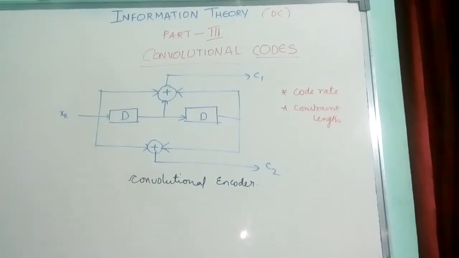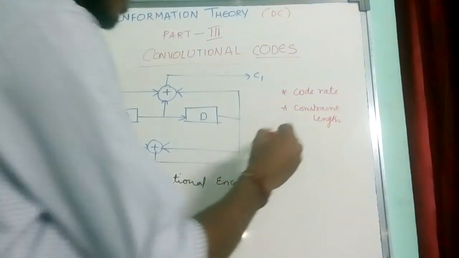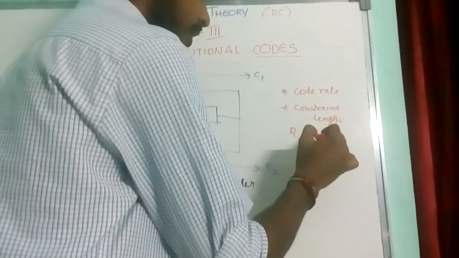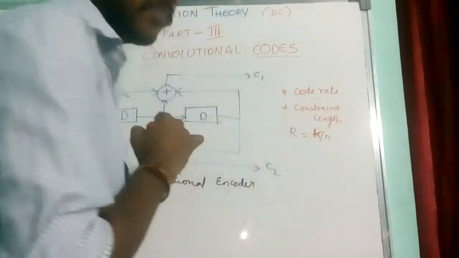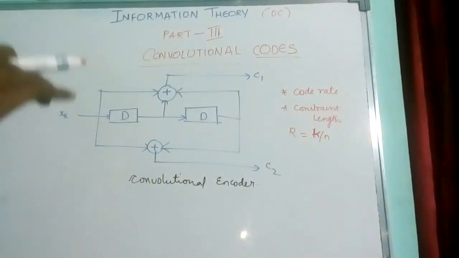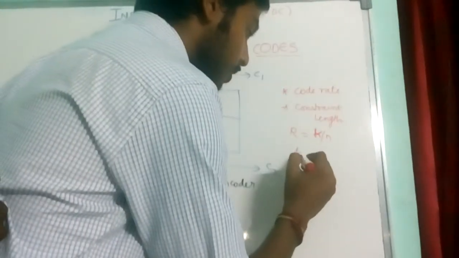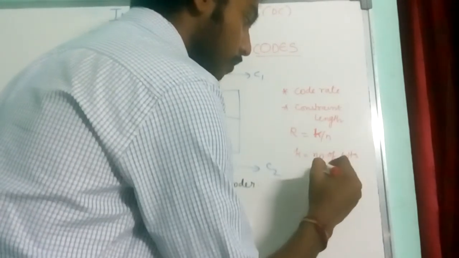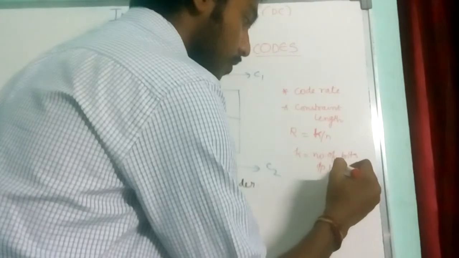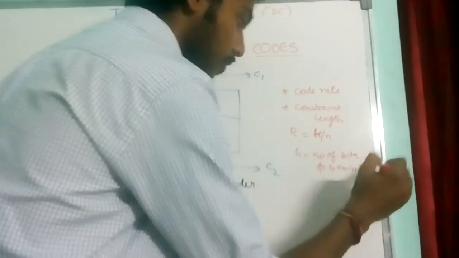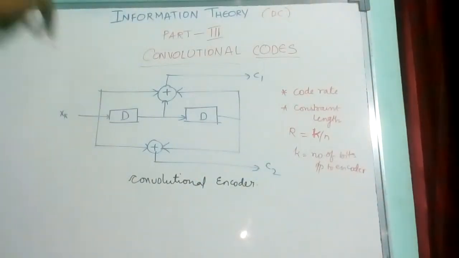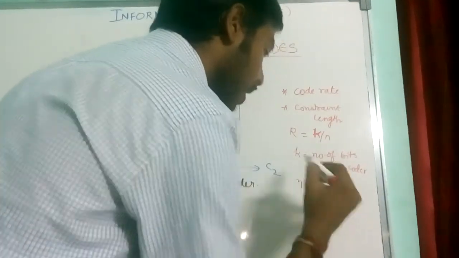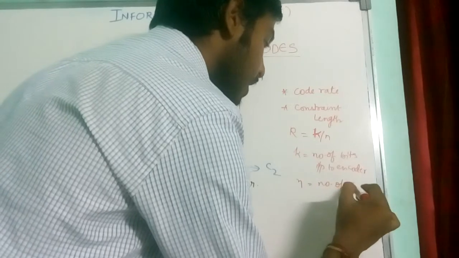This code rate is given by R = k/n. Here, don't get confused with the small k and capital K. Small k is the number of bits input to the encoder, whereas small n is the number of channel symbols.